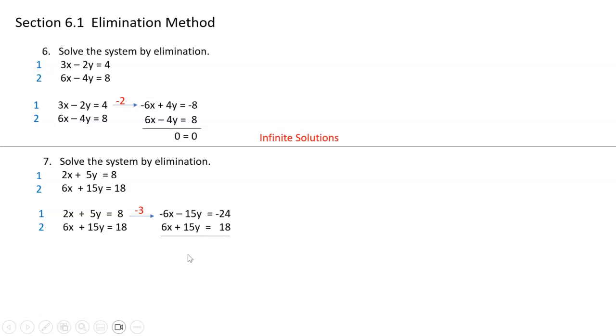Now, after we do the operation here, it's going to give us 0 equals -6. If you notice, there's also no more variables, no x's, no y's, but the left side does not equal the right side, which means that these lines are parallel. That means no solution. That's how you answer this type of situation here.